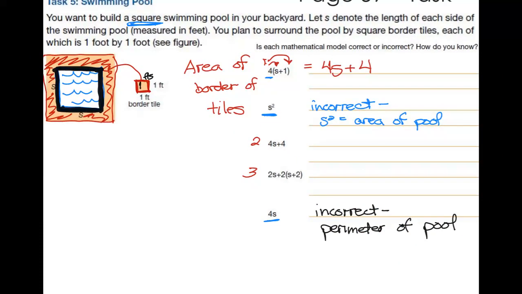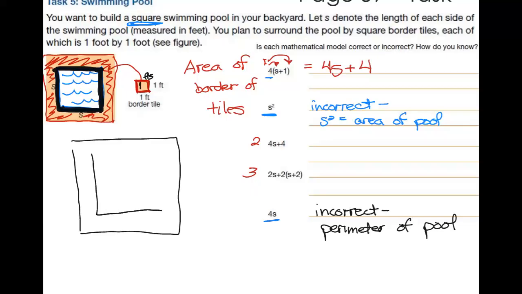Did anybody break this outside border into, I don't know, what shapes could we break this up into? Squares? Triangles? Maybe not square. Oh, the corners. Maybe we could make these corners into squares.